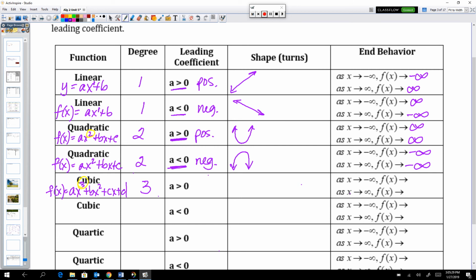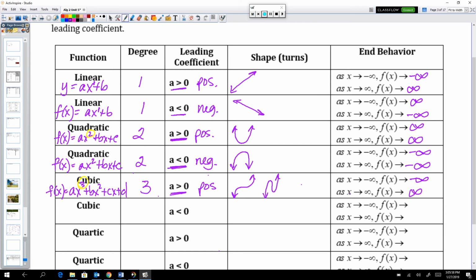When the leading coefficient, the number glued to the front of the highest powered x, is greater than 0 or positive, we know that that looks kind of like that. It might be a little higher on the turns, but kind of like that. It could have been up and down and up. But something that looked like that was what was produced when there was a positive leading coefficient on a cubic. So the end behavior on both of those is down on the left and up on the right.